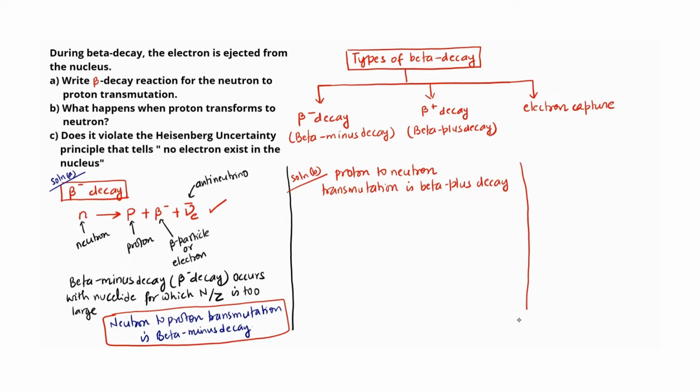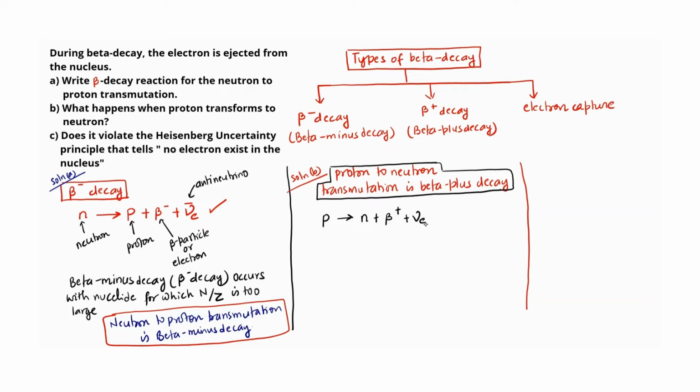And in this process, proton is converted to neutron, positron, beta plus, and electron neutrino.